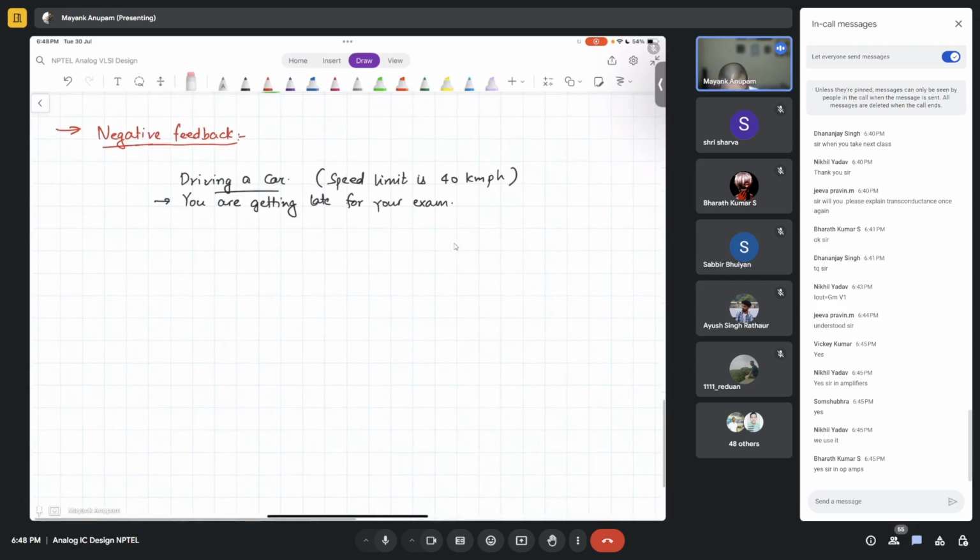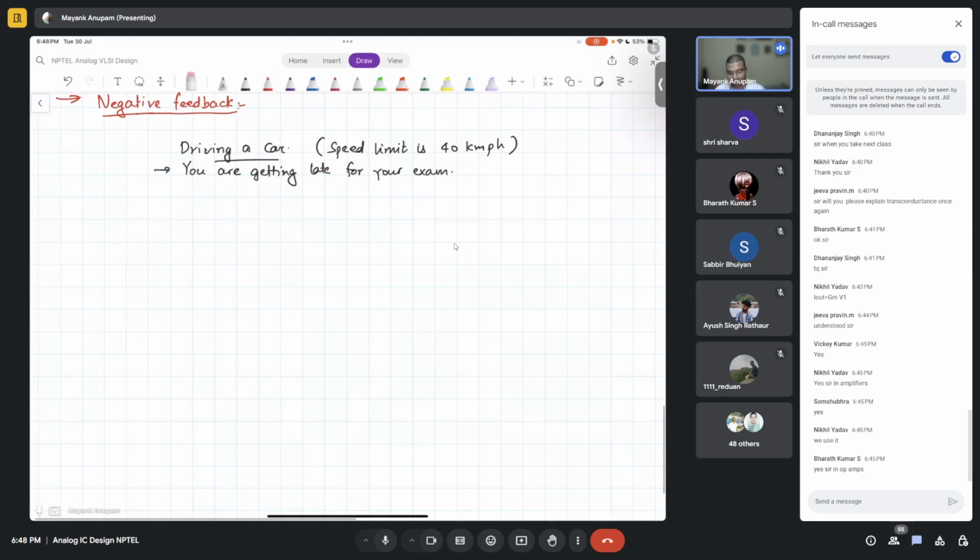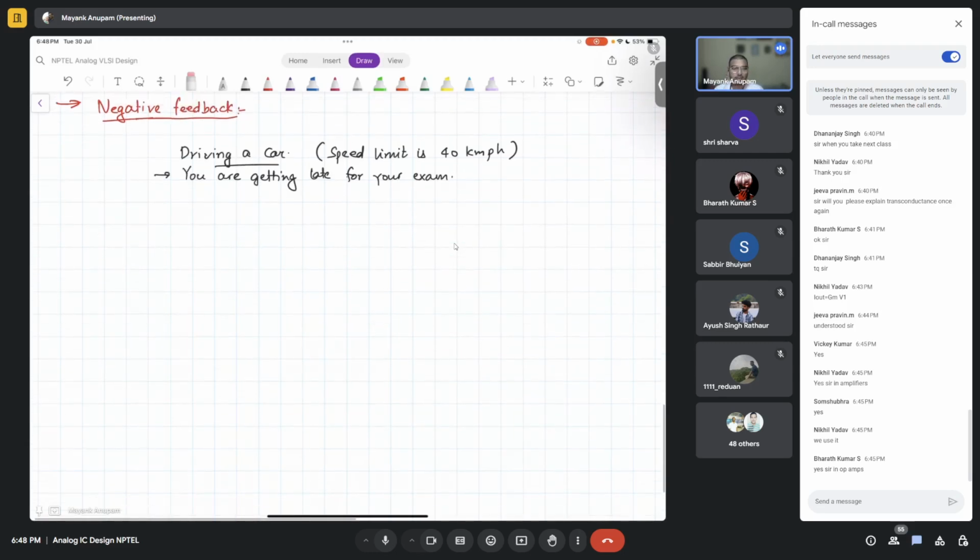Now, how do you do this? Generally, when you start driving a car on the road, the moment you see that your speed is reducing, you want to put the accelerator, right? So the whole problem is now of speed control, isn't it?